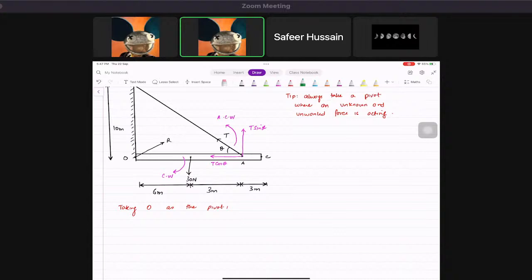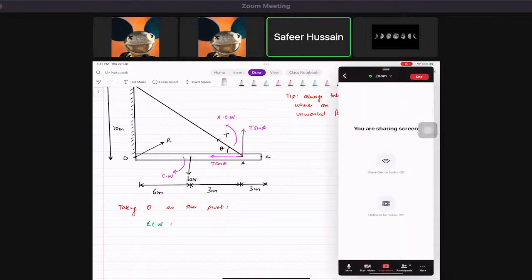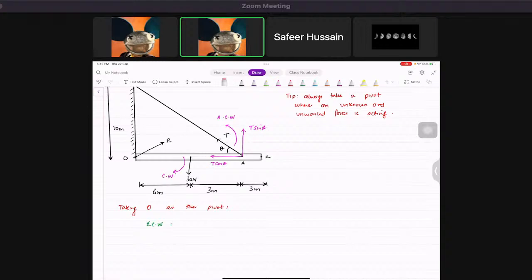So sum of clockwise... I think your mic is off. Okay, sorry. So I was saying that basically when you have to eliminate a force that you don't need, you take that pivot. Like O, I took O because I don't want R. They haven't asked it. It's an unknown force, right?